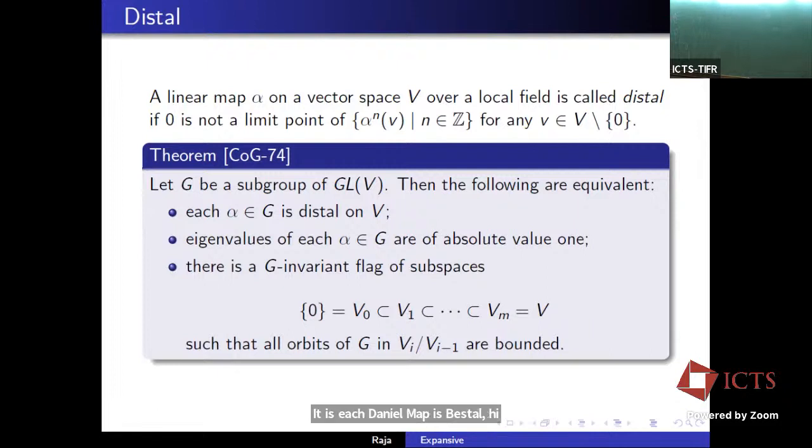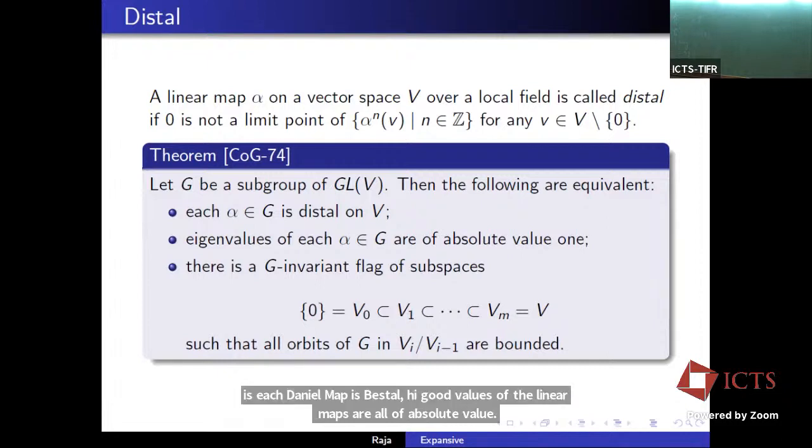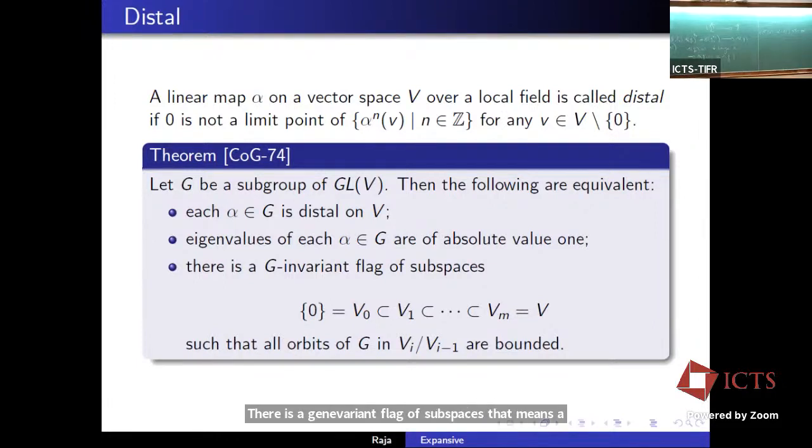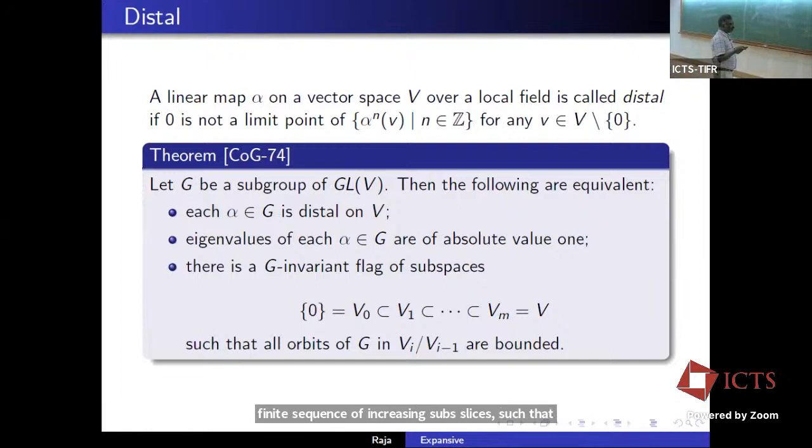Eigenvalues of the linear maps are all of absolute value 1. These two, 1 and 2, equivalences can be easily seen. But the third one is the odd one. It's not easy to see. There is a G-invariant flag of subspaces, that means a finite sequence of increasing subspaces such that all orbits of G in the successive quotients are bounded.